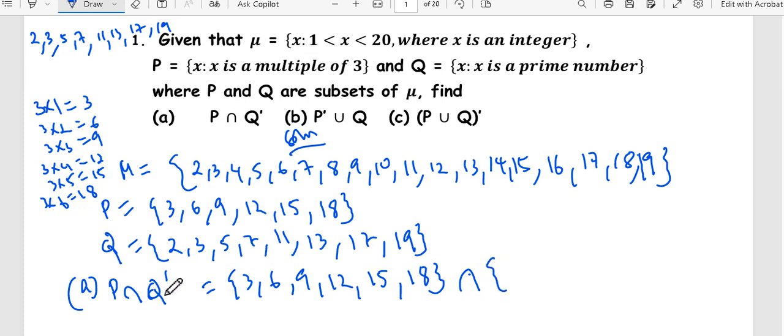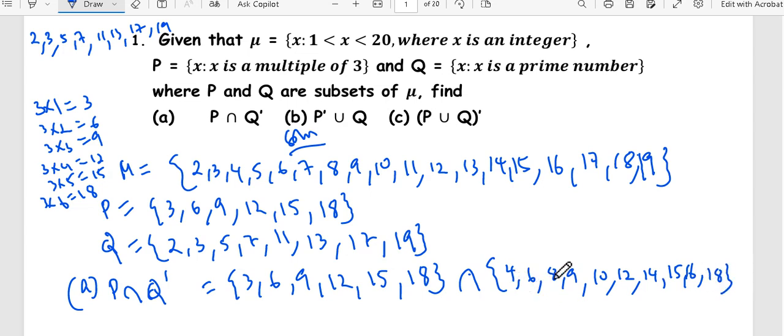Q prime are the elements we have in the universal set that are not in Q. So that will be 4, 6, 8, 9, 10, 12, 14, 15, 16, 18. So this is Q prime.